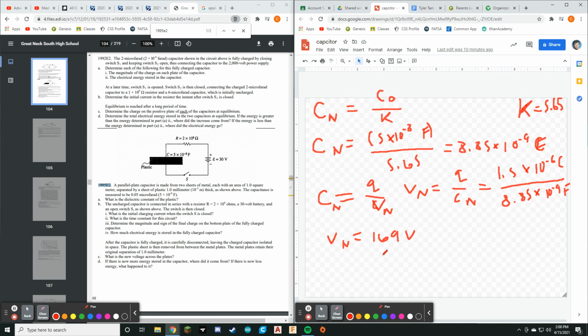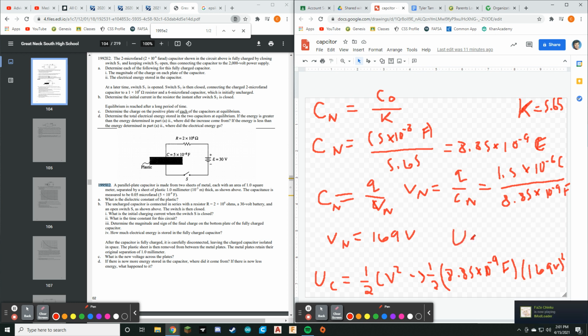And for D, if there is now more energy stored in a capacitor, where did it come from? If there is now less energy, what happened to it? So let's calculate what the energy is. So we're going to use the 1/2 CV squared equation. So 1/2 new capacitance and new voltage squared.